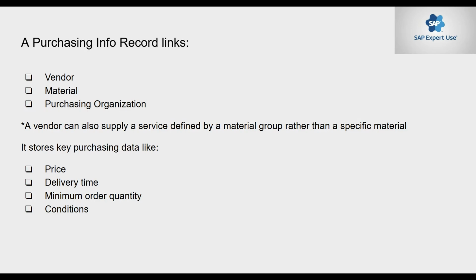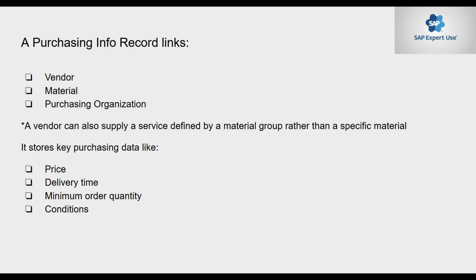So before jumping into SAP GUI, just a short refresher on what a purchasing info record is. It links vendor, material, and purchasing organization. But please be aware that a vendor can also supply a service defined by a material group rather than a specific material.